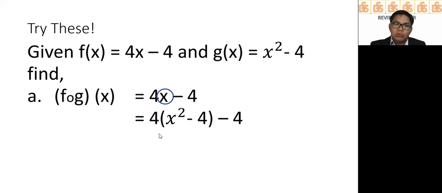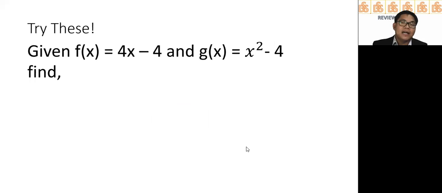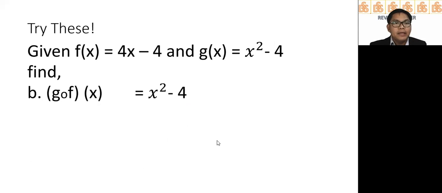In that case, it will be 4 times x squared minus 4, minus 4, retaining the other given. So we simply replace x by the value of g. Then we simplify. That will be 4x squared minus 16 minus 4, or f of g of x is 4x squared minus 20.